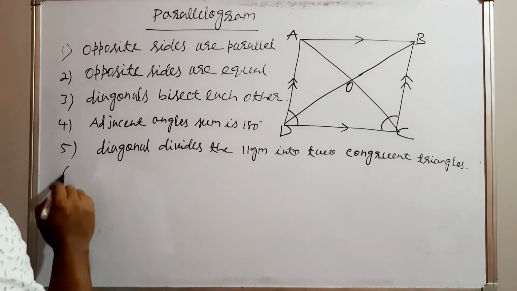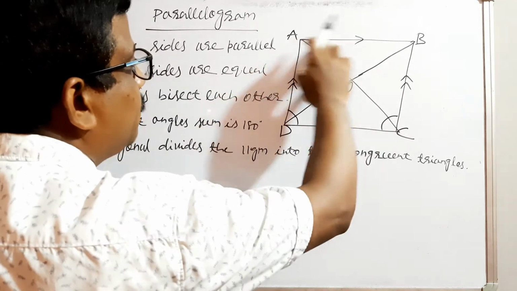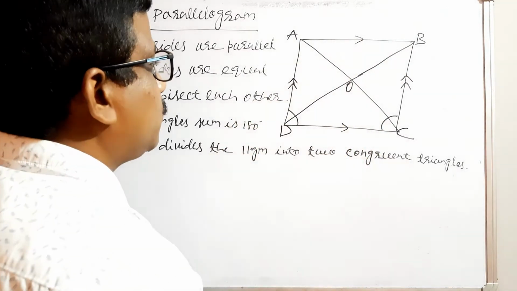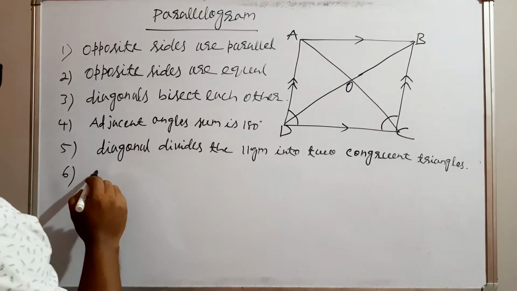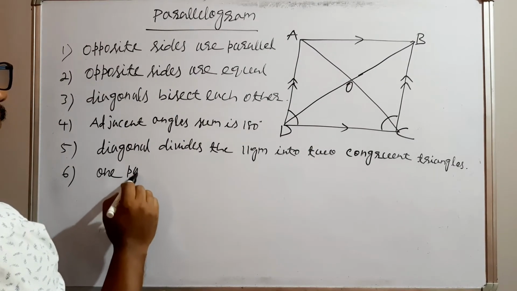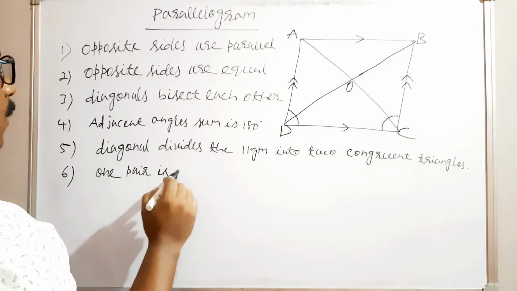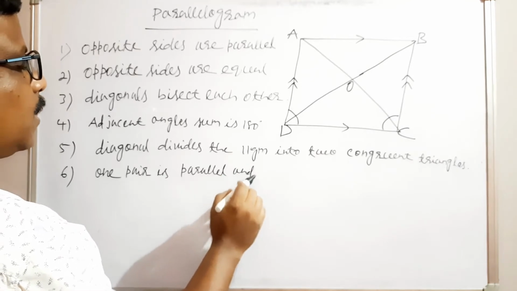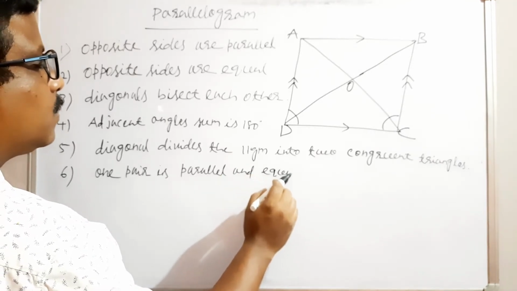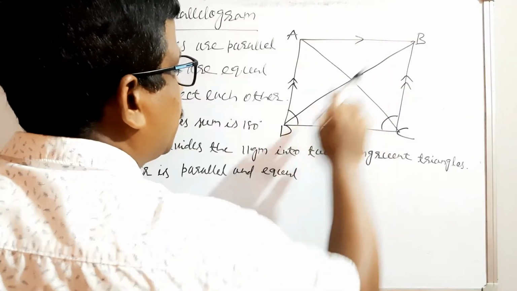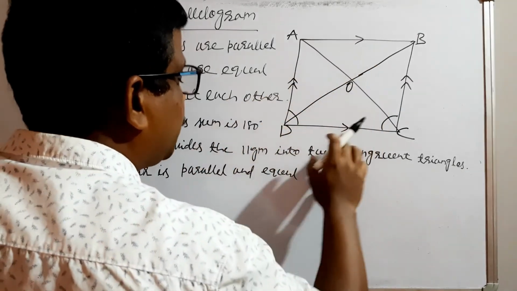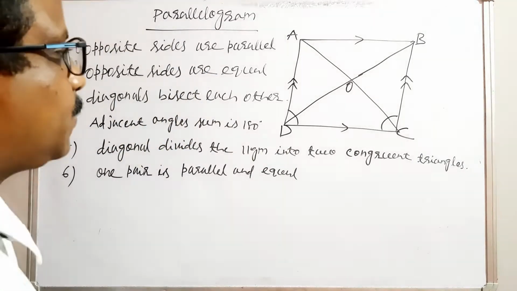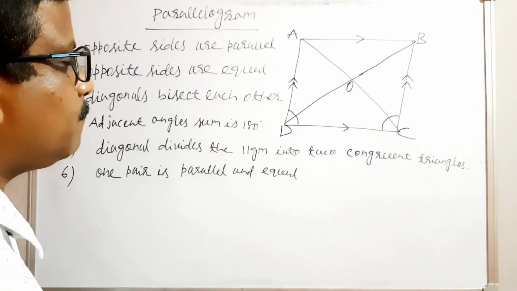Then the sixth property: if one pair is parallel and equal, then it is also a parallelogram. Suppose AB is parallel to CD and AB is equal to CD, then it is also a parallelogram. Understood? These are the properties of a parallelogram. Clear?